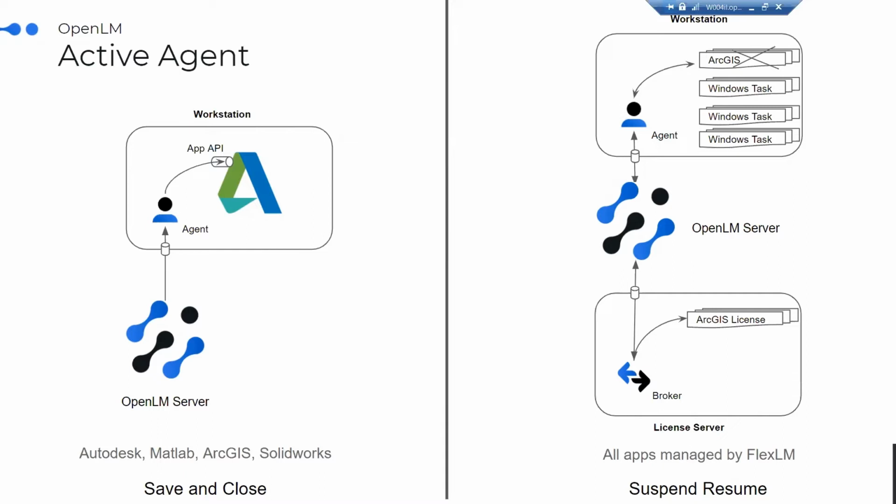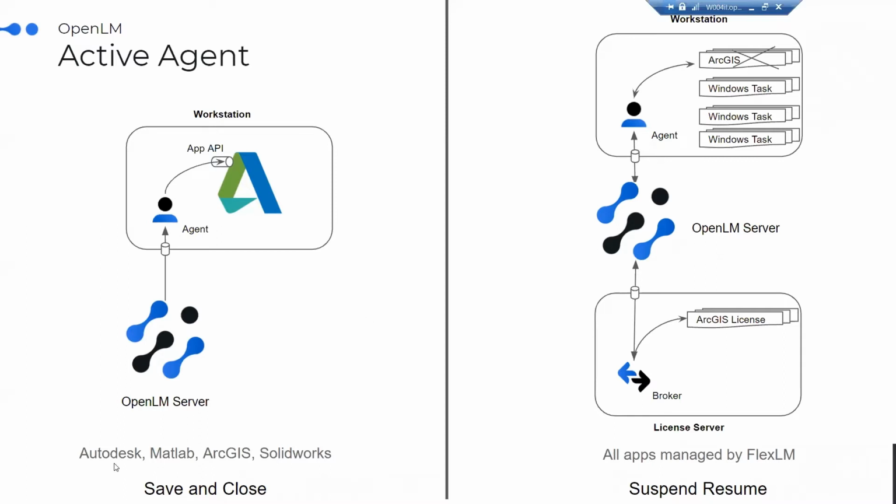And what the agent basically does, at the request of the OpenLM server, is go to the API, basically exposed code, where the agent simply asks the application nicely to save and close itself. Now, this happens very gracefully. It saves to the same project that the end user is using. If no project exists, it creates a new file.